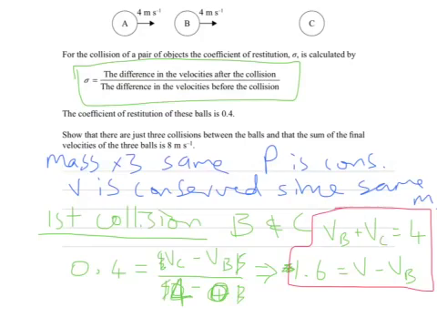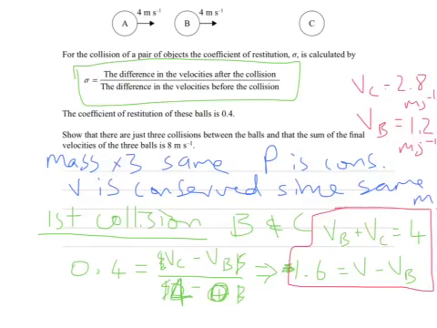VC after the first collision is going to be 2.8 meters per second, and VB is going to be 1.2 meters per second. They should add up to 4 according to our first equation. They do. So that means VC is faster than VB.